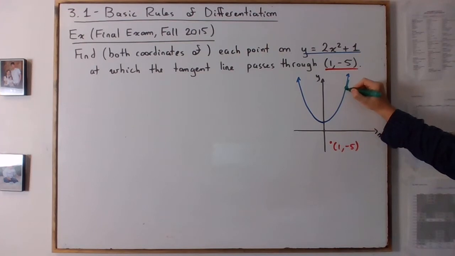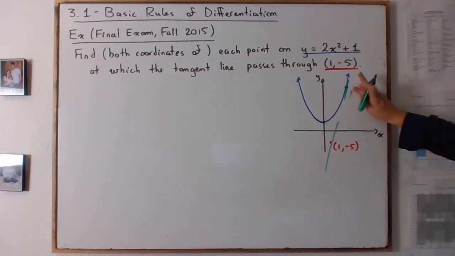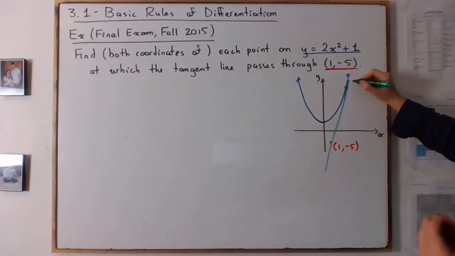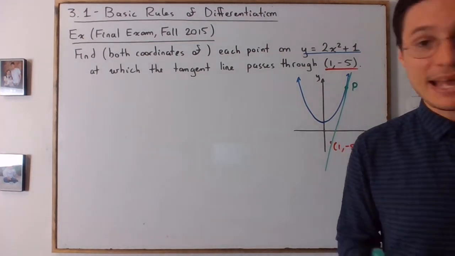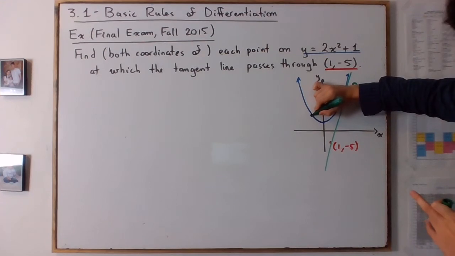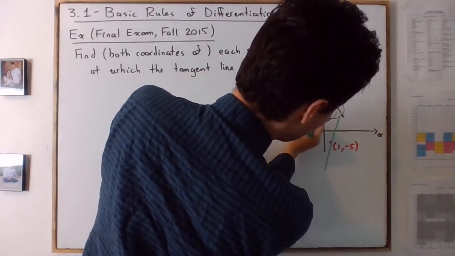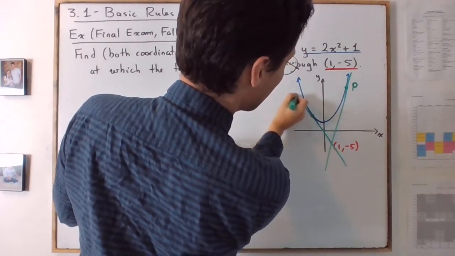So in other words, here I just go by approximation, so my tangent line is not super neat here. You're interested in knowing what this point is. Let's call this point P. And there's another point somewhere else, around here, and again, I'm going by approximation, for which the tangent line is also going to pass through the point (1, -5).